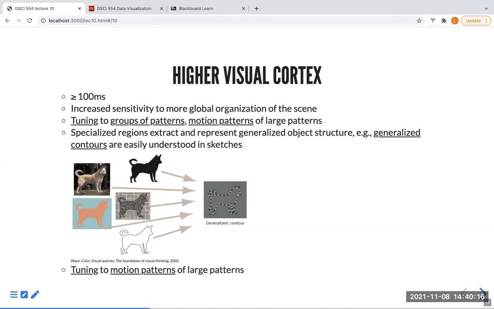So one thing that Ware points to is this notion of a generalized contour, meaning that oftentimes we just need to see the contour of an object, and we can recognize that object just from the contour, right? So here, for instance, for the dog, we don't care about the details; this is good enough. So the claim is that the brain is doing some type of representation like this.